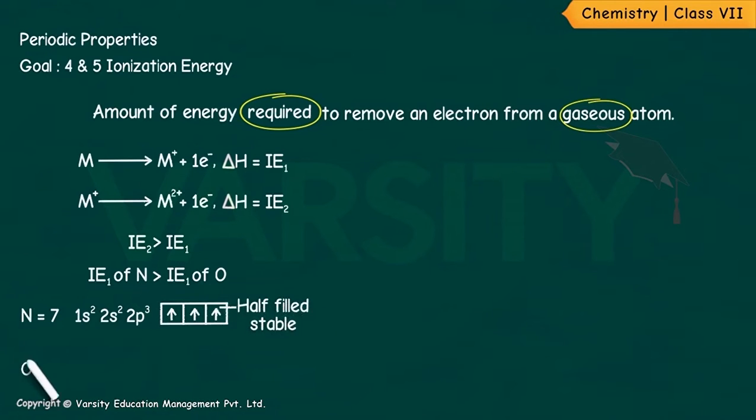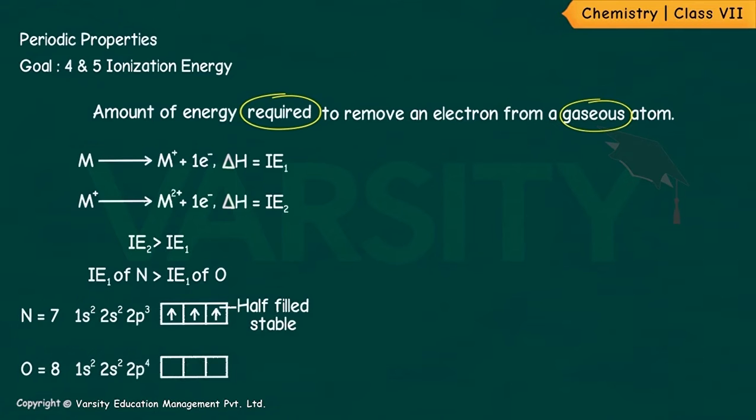Since it is half filled, it is stable. When we come to oxygen, atomic number 8, which is equal to 1s2, 2s2, 2p4, here it is partially filled. Therefore, it is unstable.